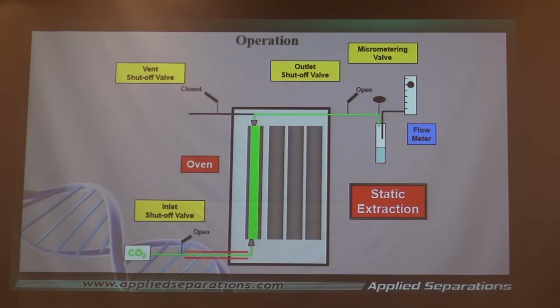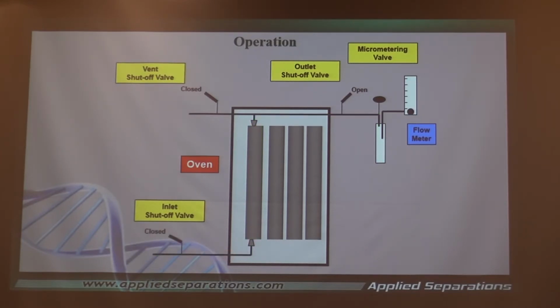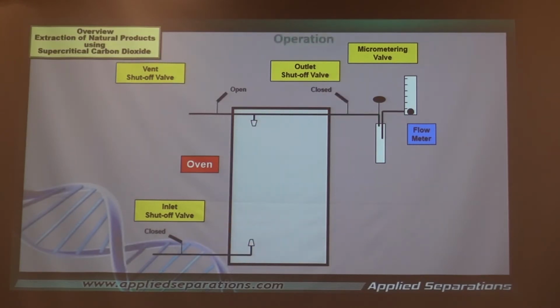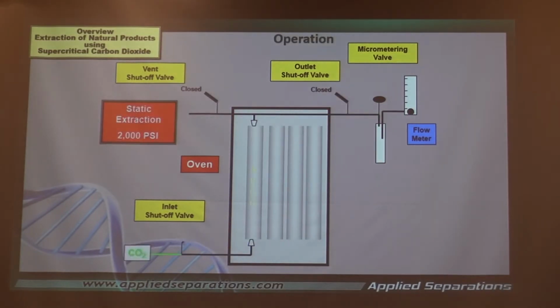You let it sit for a period of time, and then you flow it out. Dynamic extraction, like I said, is done on a continuing basis. That's the difference. Okay?